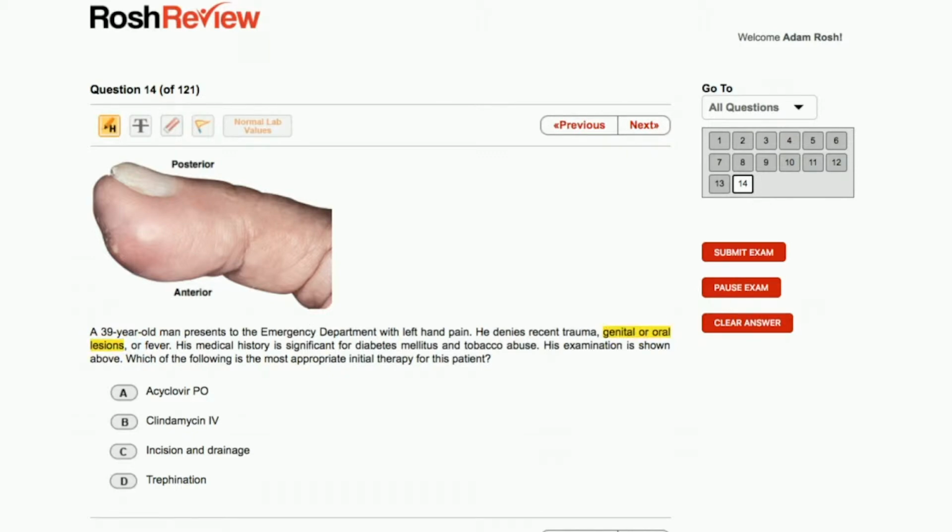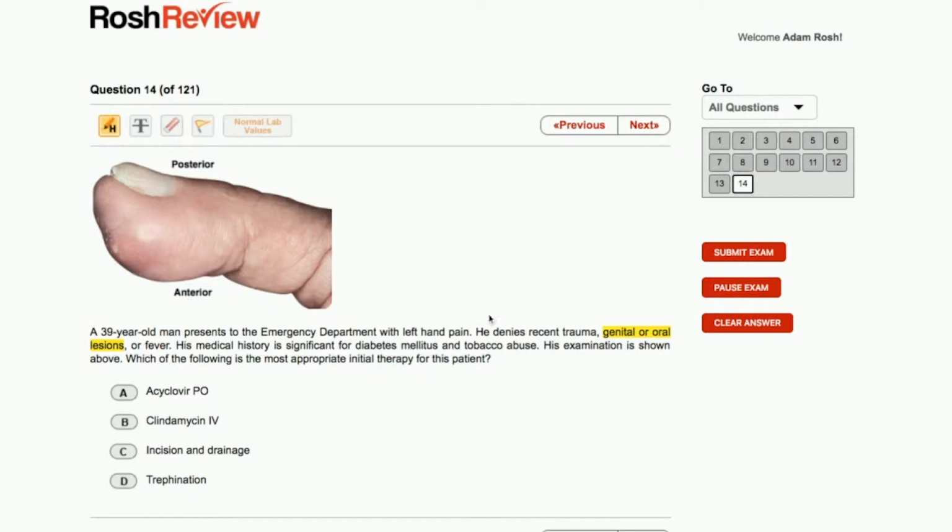Because looking at this finger, this certainly has the appearance possibly of a herpetic whitlow. Herpetic whitlow is due to an infection by herpes simplex virus. So they're leading us to believe that this patient doesn't have lesions anywhere else, although you can get a herpetic whitlow most commonly from someone else, classically dentists or dental hygienists on their fingers.